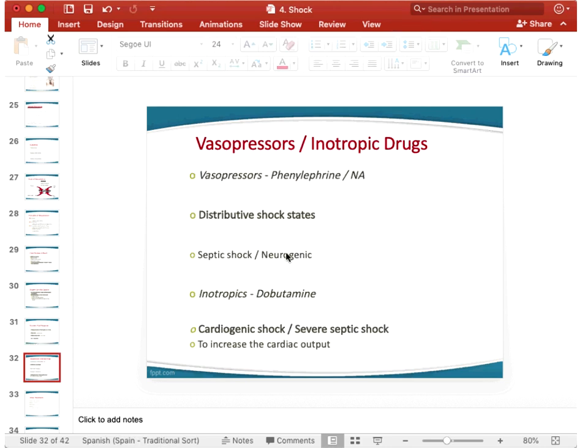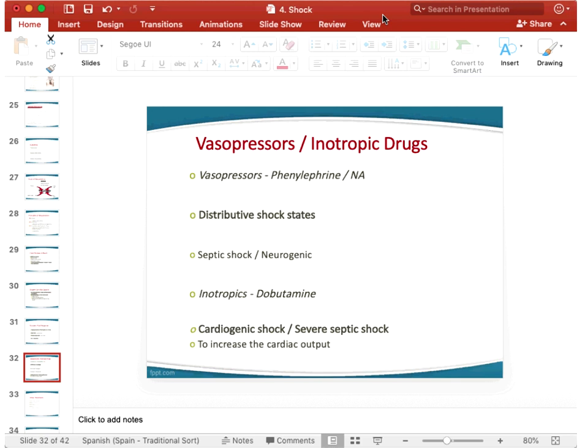And vasopressors when needed, especially in septic shock and neurogenic shock. Those patients will not respond initially to just volume. So what do you do in order to increase the blood pressure and therefore the cardiac output? You need to infuse vasopressors, such as noradrenaline or vasopressin.